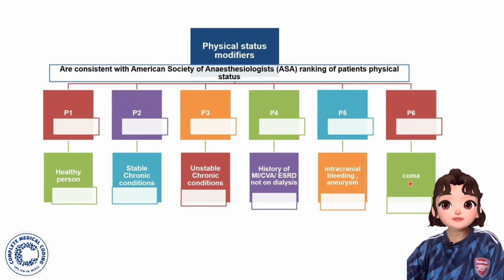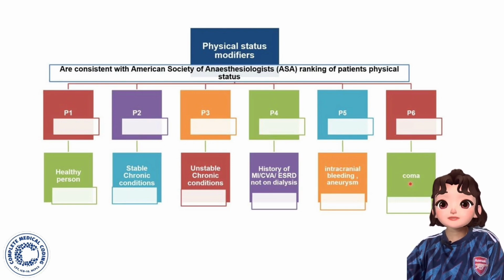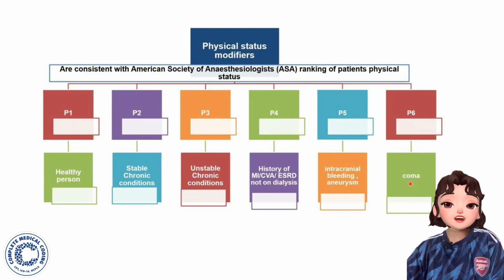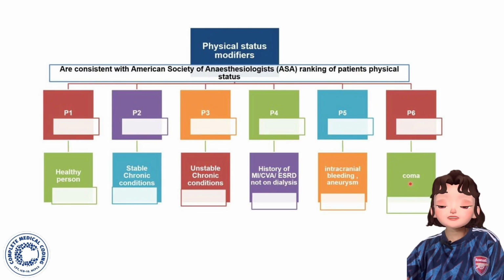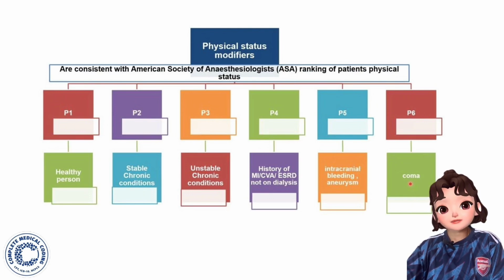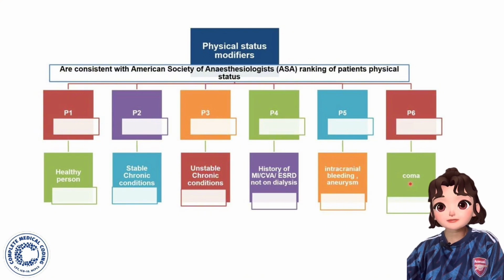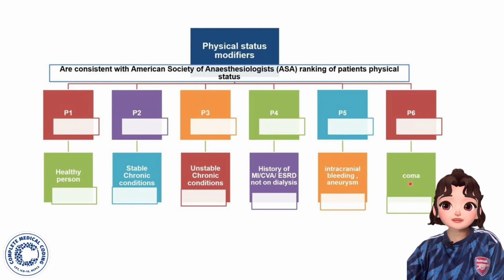P2 means stable chronic conditions. The patient has a chronic condition, but it is stable and manageable. P3, unstable chronic conditions, not manageable, uncontrolled. P4, history of MI, CVA, ESRD not on dialysis.